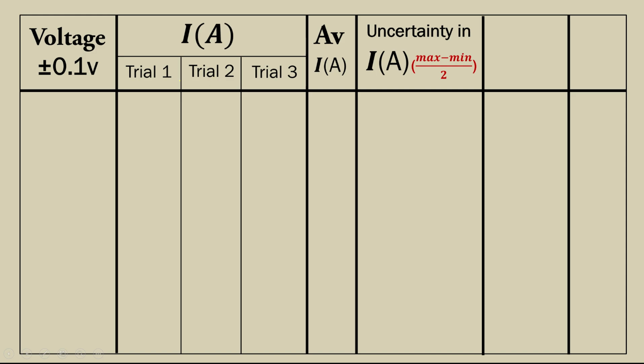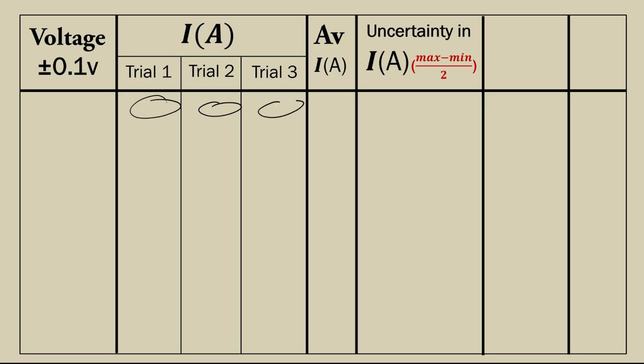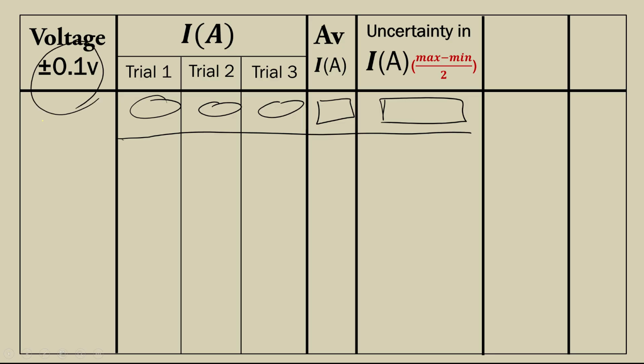You will use the range: the maximum value in this range minus the minimum value in this range, divided by 2. So row by row it will be different. This is the first row, then the value, and then the uncertainty for the first row. The second row is different from the first. In the first column, you have the same uncertainty for all values, but here it differs.